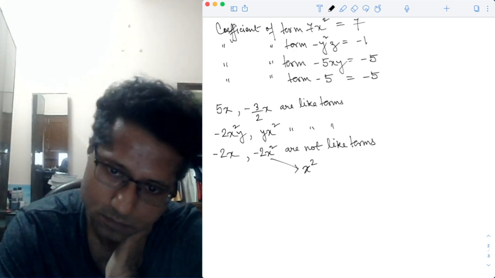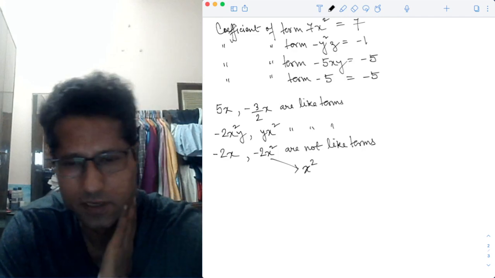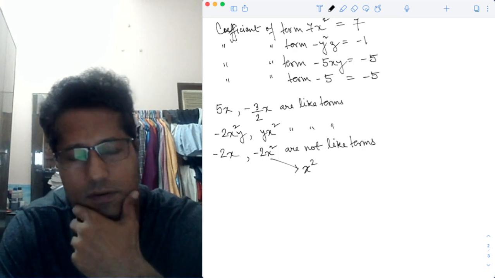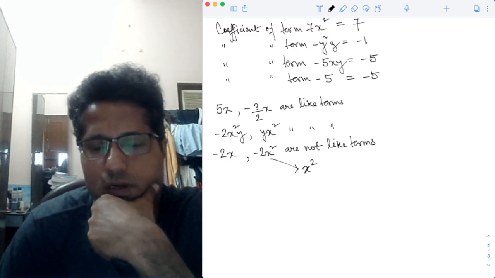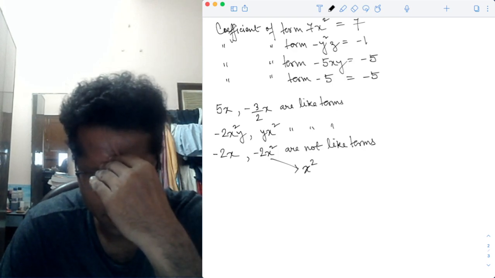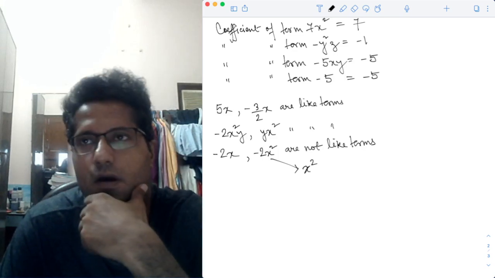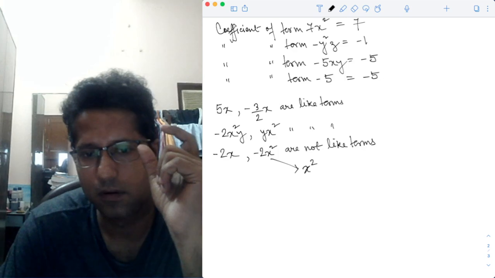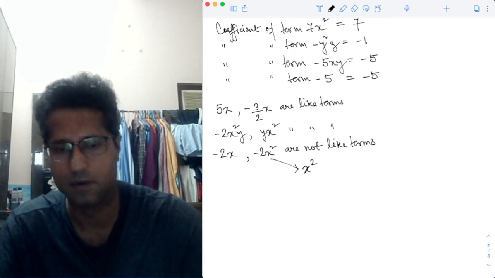The language given in the book is very confusing, but the fundamental concept is that you consider all the different literal factors, and if there are powers of any literal factor in the term, you consider that power as a single literal factor.